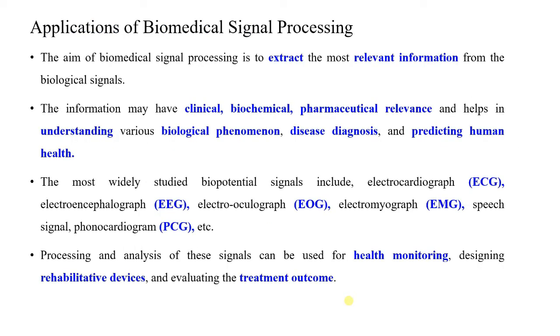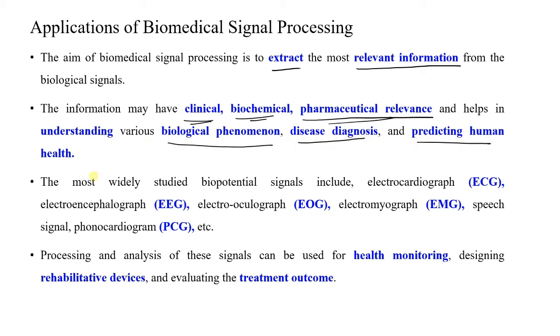Now, applications of biomedical signal processing. The aim of biomedical signal processing is to extract the most relevant information from the biological signals. The information we extract may have clinical, biochemical, or pharmaceutical relevance, and this may help in understanding various biological phenomena, disease diagnosis, and predicting human health.